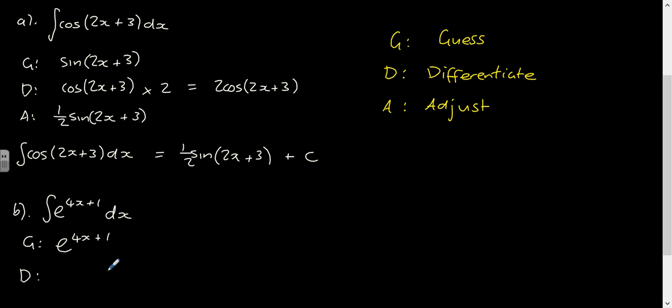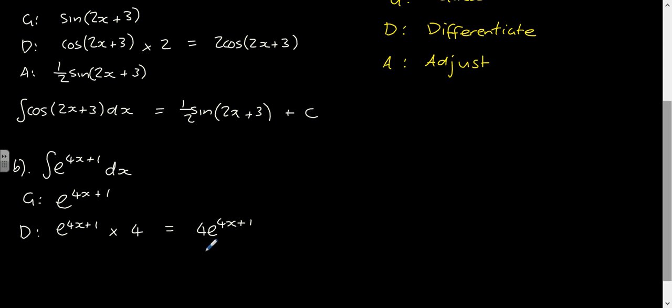Let's check by differentiating. So if we differentiate e to the 4x plus 1, we get e to the 4x plus 1 as expected. But using the chain rule, we have to differentiate 4x plus 1, which gives us 4, and multiply the results together. So we get 4e to the 4x plus 1. So how far are we away from what we wanted?